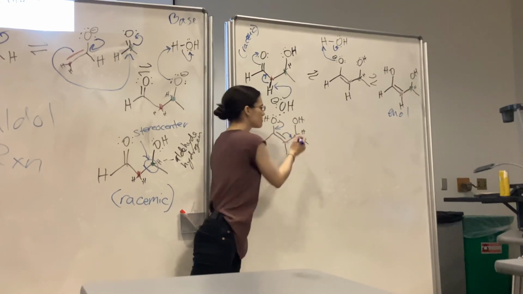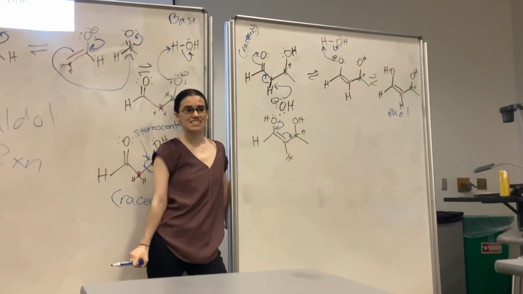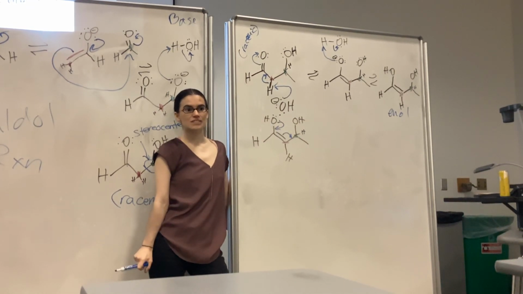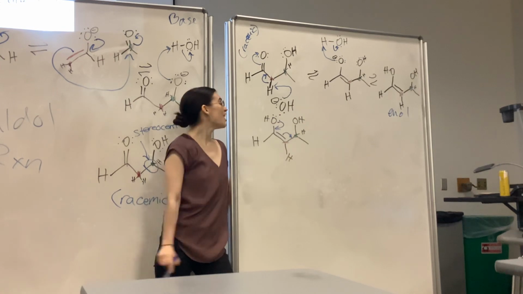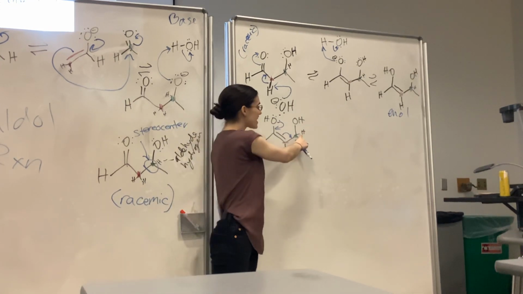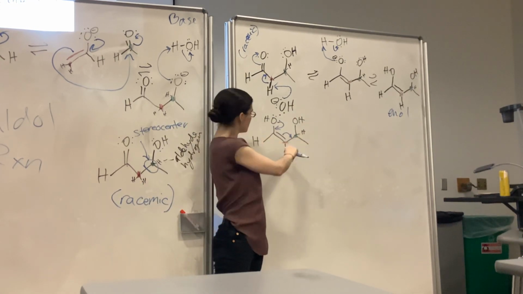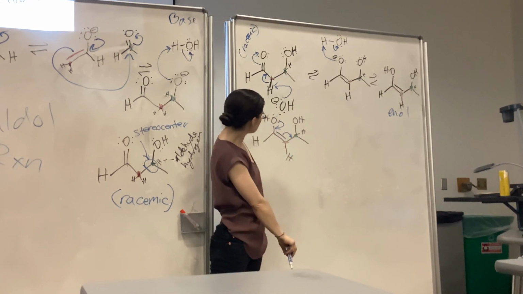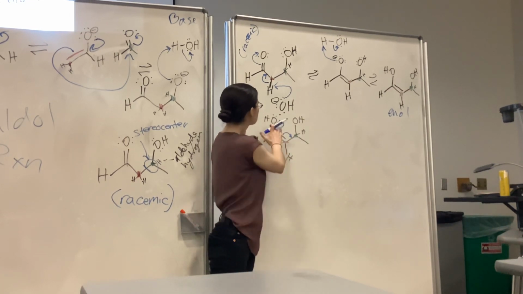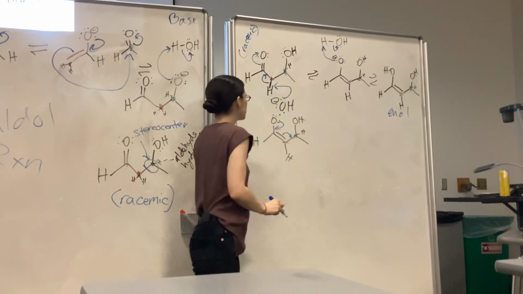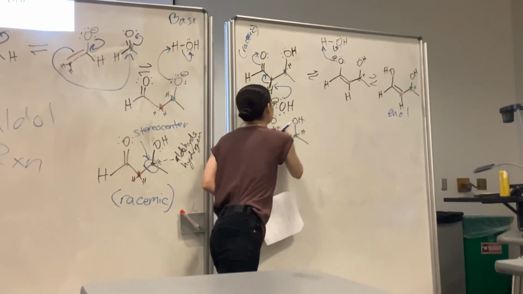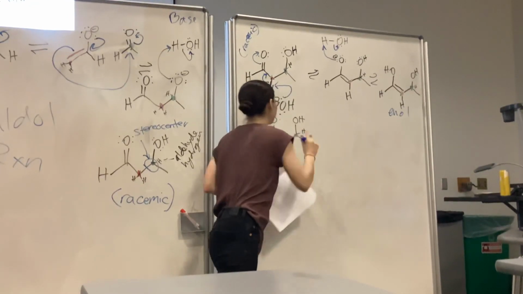So this guy's gonna go scooch over there. Do we deprotonate it? Well, this guy is not alpha to anything. Not the OH, because then it would be a positive oxygen.